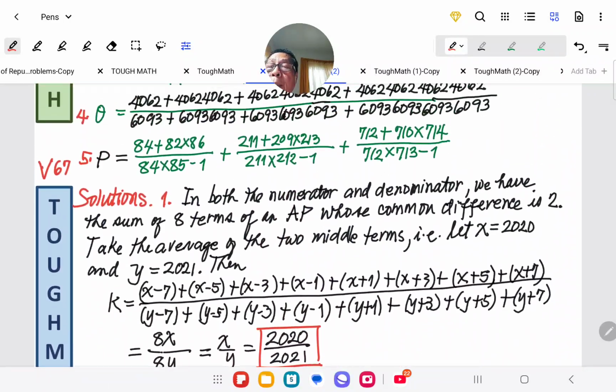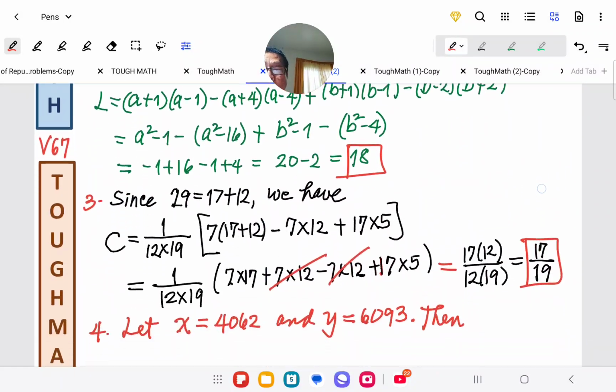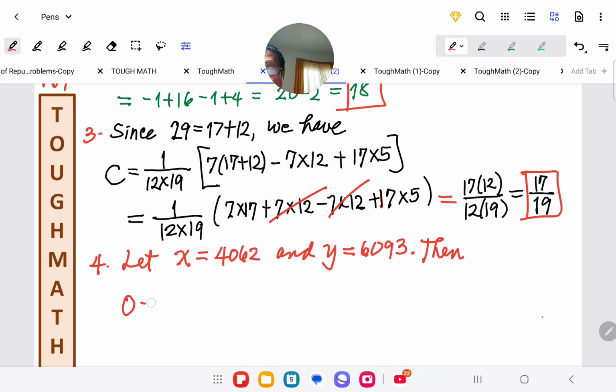Then our numerator would be 1 plus 10 to the 4th plus 1... I forgot the x. So there's an x outside.